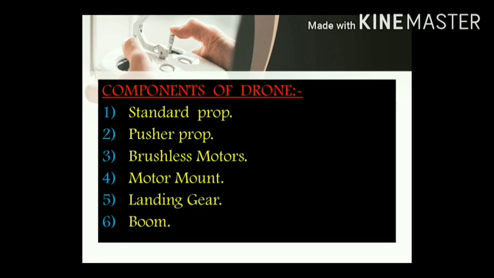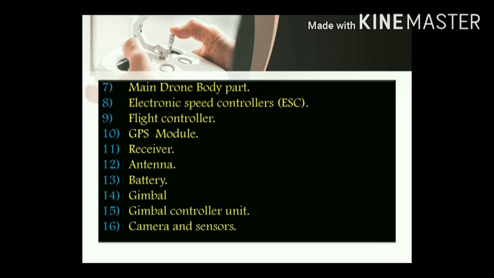Seventh one is the main drone body. This is the central hub from which booms radiate like spokes on a wheel. It houses the battery, mainboards, processor, cameras, and sensors. A hard landing may not break the body of the drone, but the shock could damage the internal components.